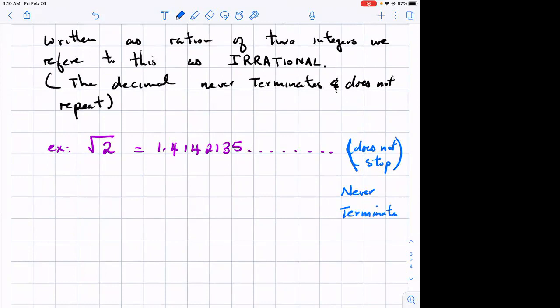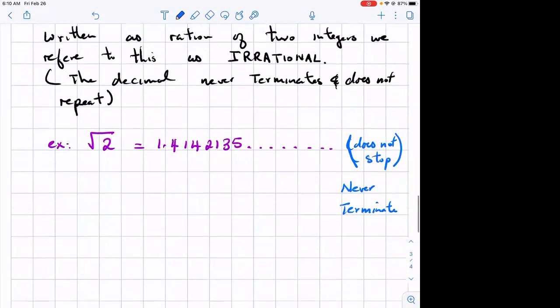In addition, if you look at the decimal, there is a 4, and the next digit is a 1. There is no digit that is the same consecutively. You will never find a 1 and a 1, or a 3 and a 3, or a 2 and a 2 together.